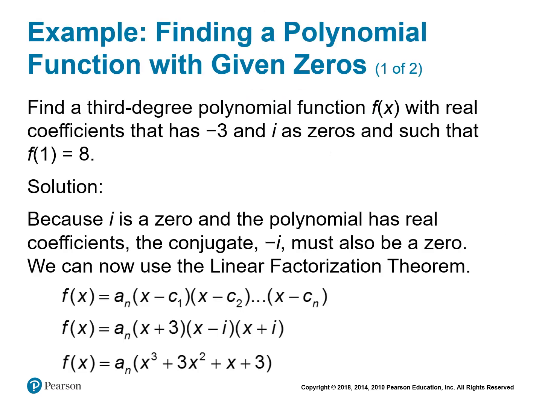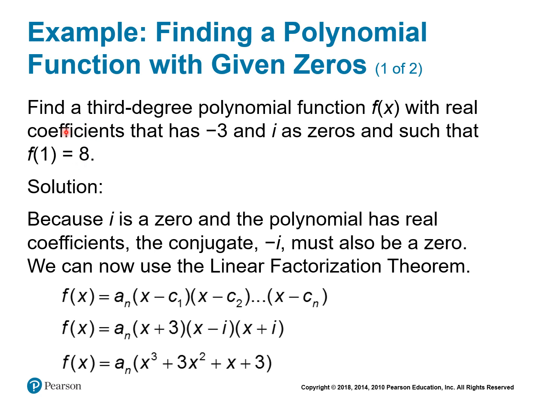Let's look at this example here. It says finding a polynomial function with given zeros. So if they give us some roots of a polynomial, given zeros meaning roots or the c values of the polynomial, as well as an evaluated value at a certain x value, then how do we come up with a polynomial in the proper polynomial form?